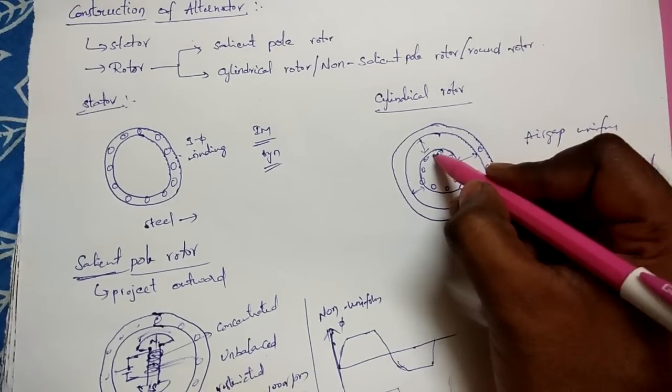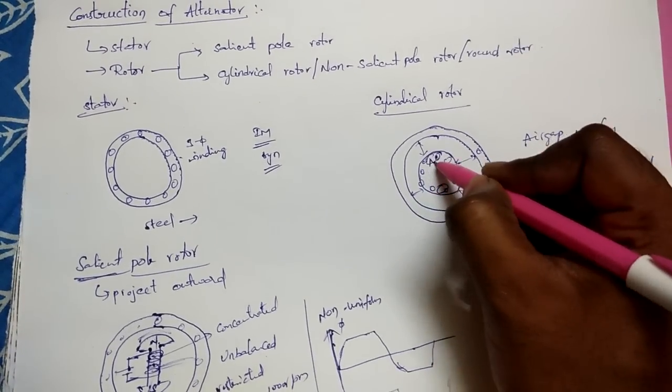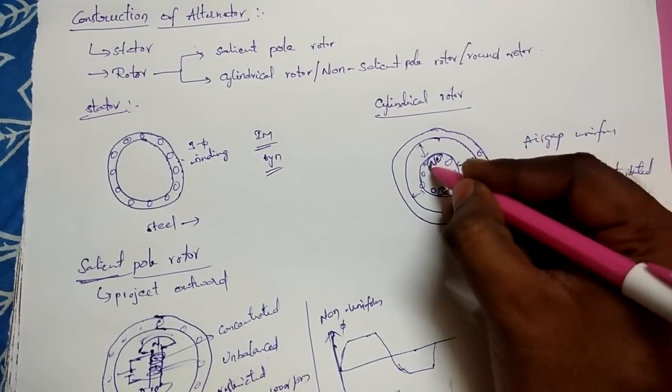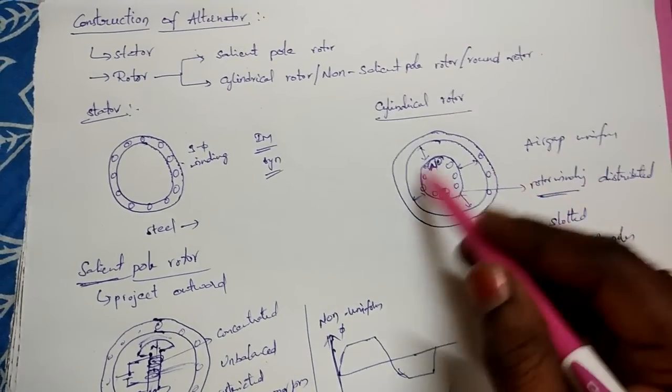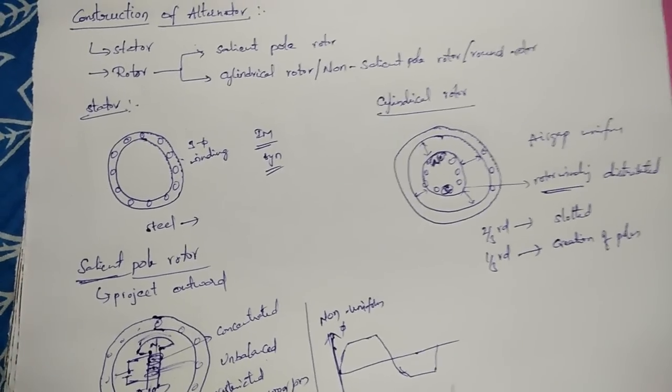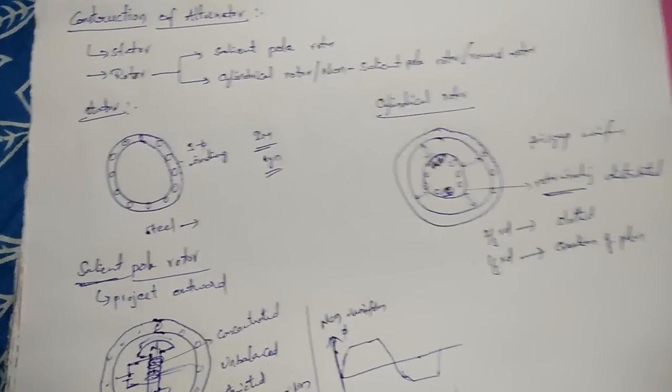Here a north pole and a south pole are created. The air gap is uniform, so the flux and the induced EMF are uniform.